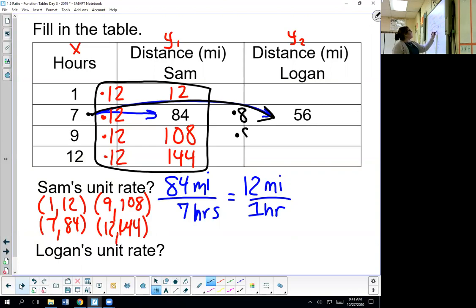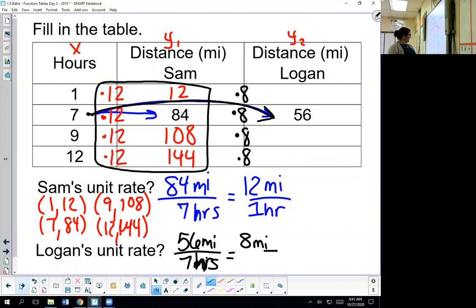So for Logan, it is 56 miles in 7 hours. He's going 8 miles in 1 hour. You go a little slower, right? A little slower rate. Go slower by 4 miles per hour. A little slower, but easy again.